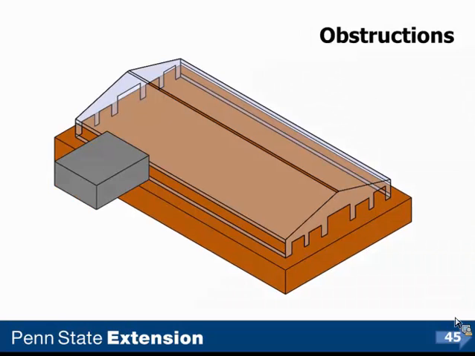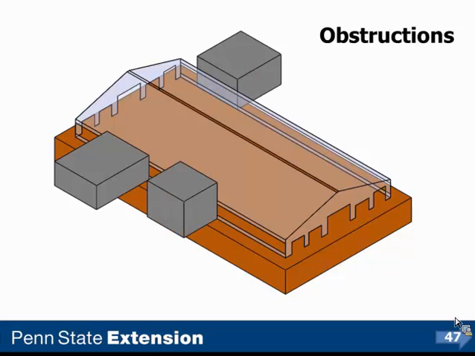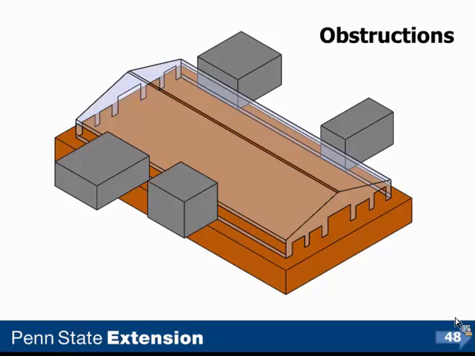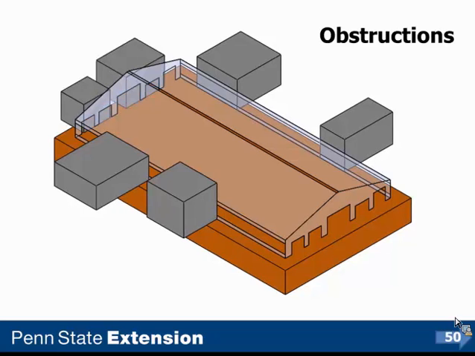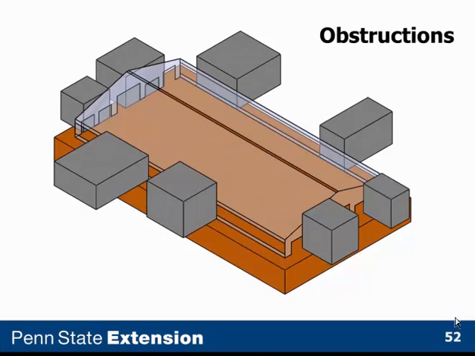And then we have the option of including up to 2 airflow obstructions on any one of the side walls or end walls of the building.